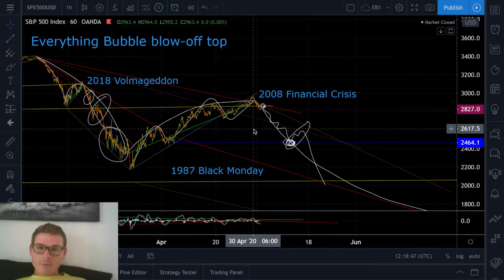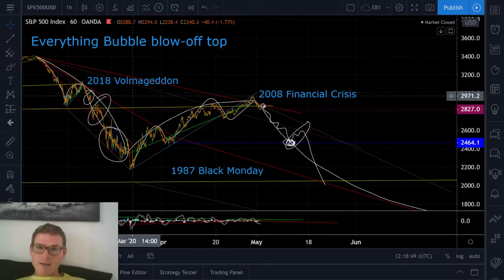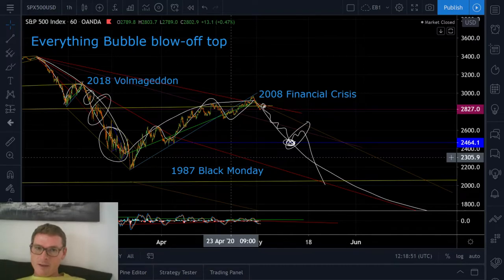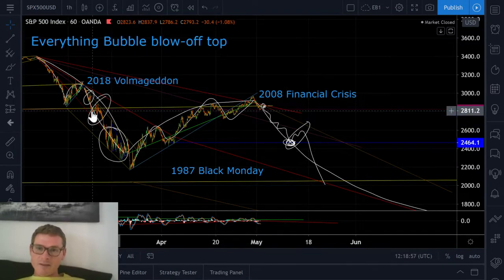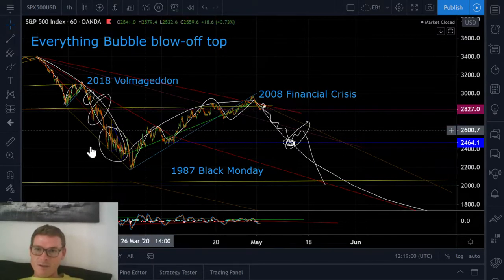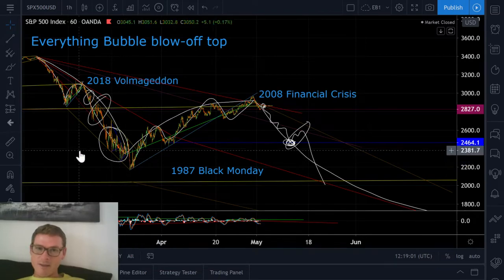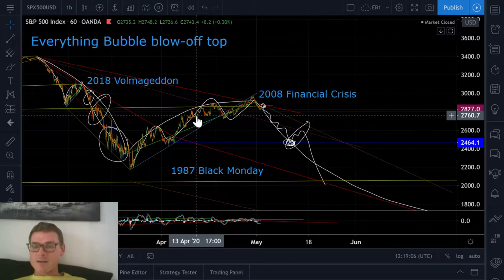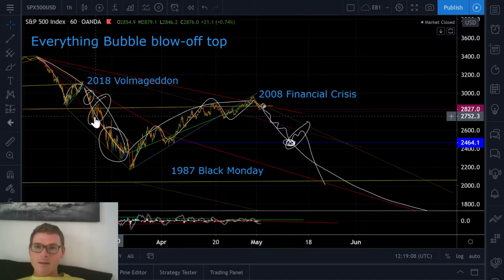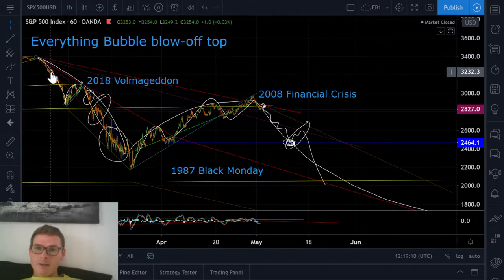So from a fundamental and a cyclical standpoint, this is the look. This is a cyclical model. This is not a fundamental model. The only fundamentals that exist in this model is just the contraction of the monetary system. This is like a mathematical derivative model of the contraction of the monetary system, and the fundamentals are a derivative of that contraction.